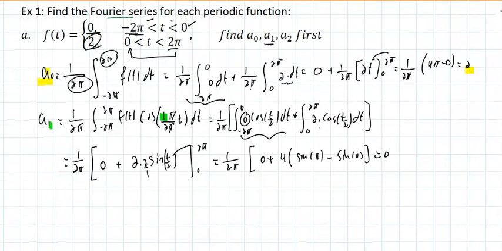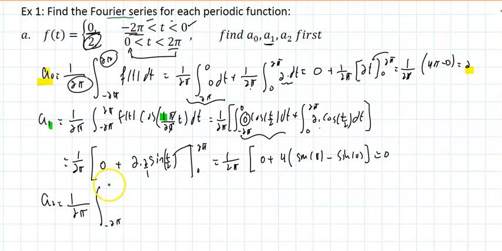So a sub 2, I could find a sub 2, but most likely that's going to be 0 as well. Let's do that. A sub 2 is 1 over 2 pi times the integral from negative 2 pi to 2 pi of f of t times the cosine of 2 pi over 2 pi t dt.